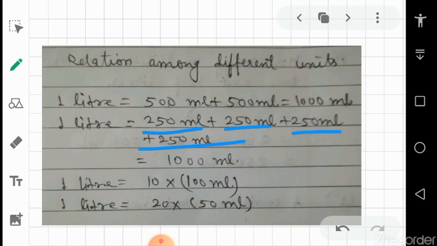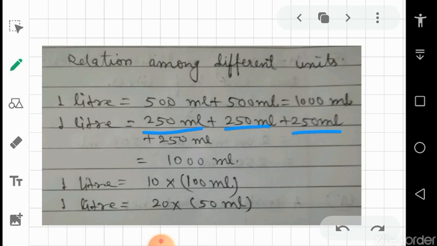Now if 100 ml containers are combined together and there are a total of 10 containers, then we have 1 liter. Now if there is a 50 ml container, which is very little in size, but there are 20 containers and we mix them, we will get again 1 liter. So overall, 1 liter can be written in different ways depending on the size of the container.